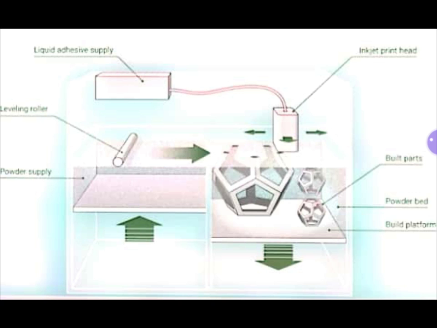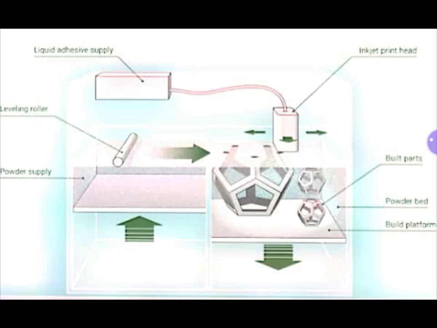This inkjet print head can be moved in horizontal and vertical directions as shown in the figure. So you are observing the arrow marks. This print head can be moved in X and Y direction on the build platform.